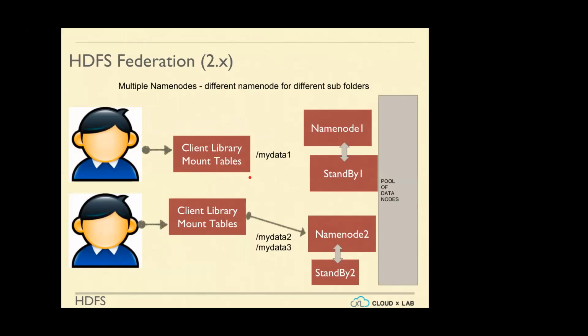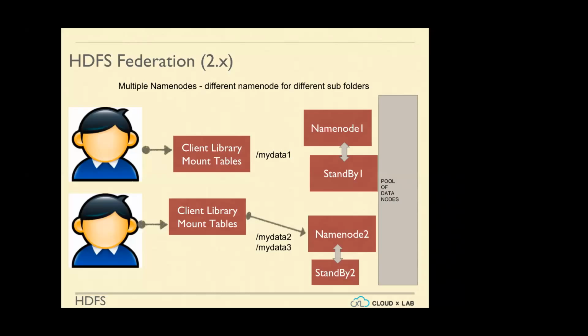Now, there is another concept called HDFS Federation. What does it mean? It means that in case you reach a situation where one name node is not able to suffice, then what you do is you have two name nodes, and maybe the standby for both the name nodes, and these name nodes use the same data nodes to store the data.